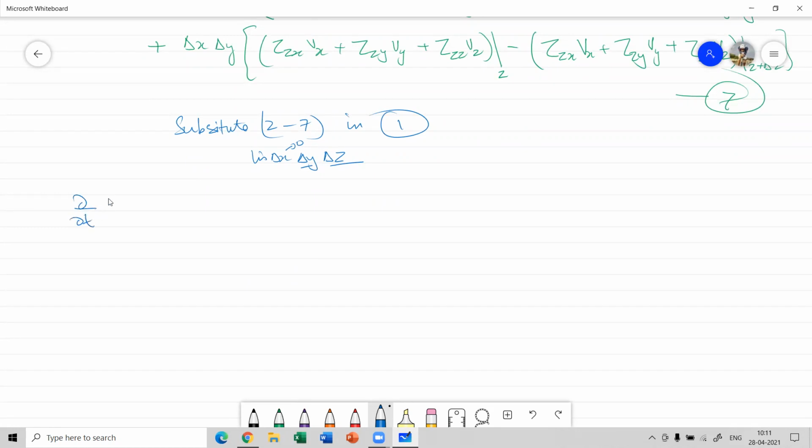del by del t of rho u cap plus half rho v square is equal to minus del by del x of Vx into rho u cap plus half rho v square. Make sure this is u cap.